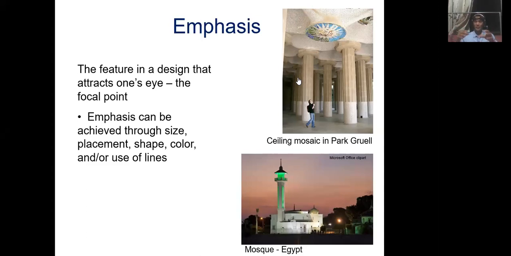Or vice versa, you can have big circles, then you have a small circle in the middle. So like the picture here, the ceiling mosaic in Park Ruel. So it really captures the attention of visitors because it has the emphasis. So you can also use placement or shape or a particular color and the use of lines.